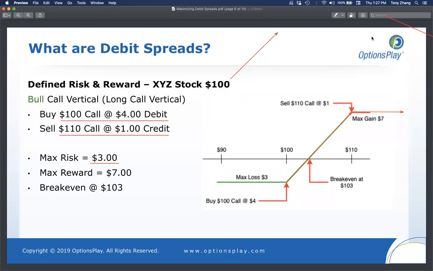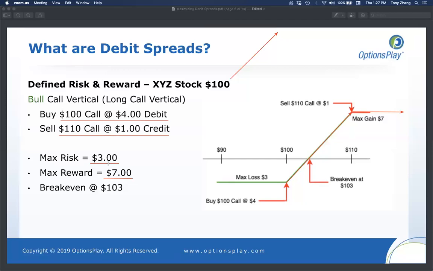Now, the difference here is that instead of having unlimited reward, you've capped your reward at $7. The reason it's $7 is because the distance between these two strikes, the 100 strike call and the 110 call, is $10. And I'm paying $3 for that spread. So I'm paying $3 for a $10 wide spread.